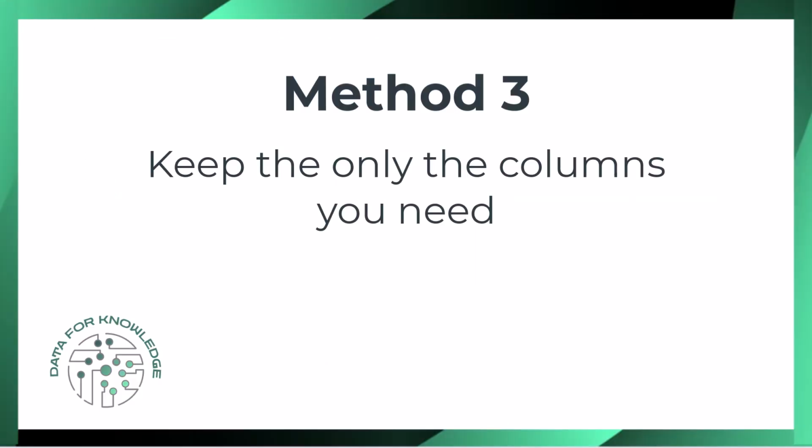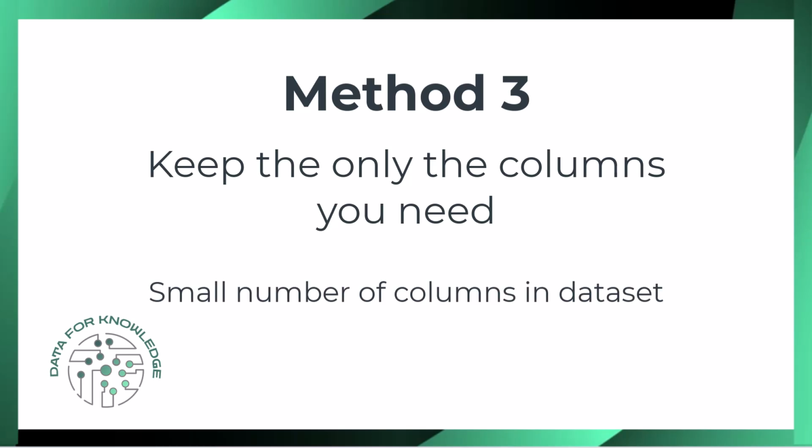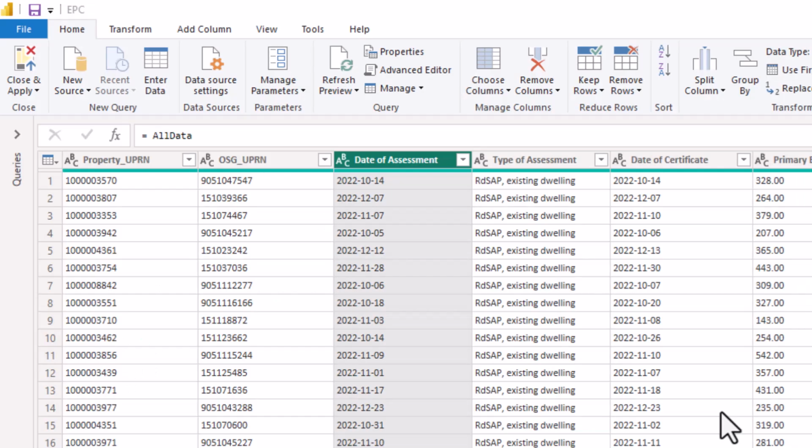Method 3. Keep only the columns you need. And this method is more applicable if you have a small number of columns in a dataset. Sometimes, instead of removing columns, it's easier to do the opposite and just keep the columns you require.